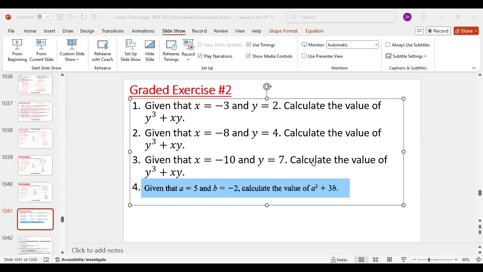Where is Tori Miller? Tori Miller, what number you on? Tori Miller, are you there? Randolph Bethel, where's Randolph?